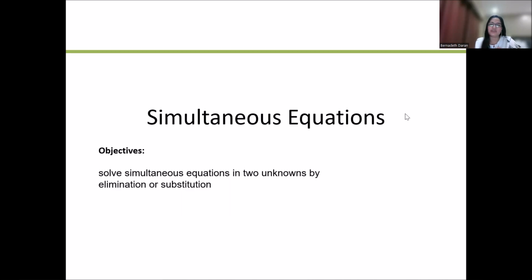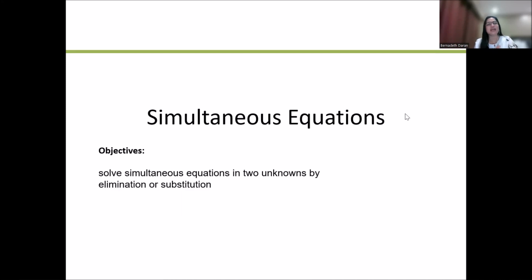So simultaneous equations are equations that involve the same variables. Okay, so that's the first requirement. They should have the same variables. And the solutions are values that work for all the equations at the same time. So we are talking about here two or more equations, okay?